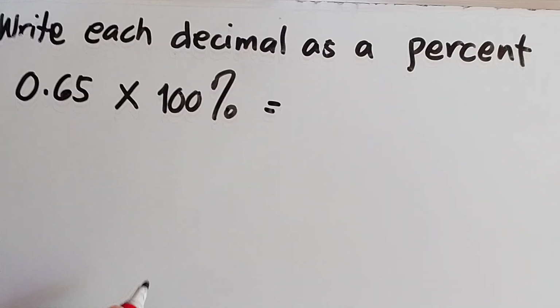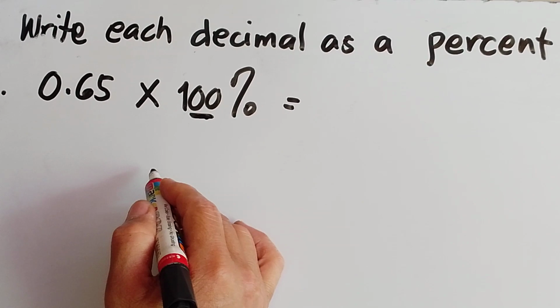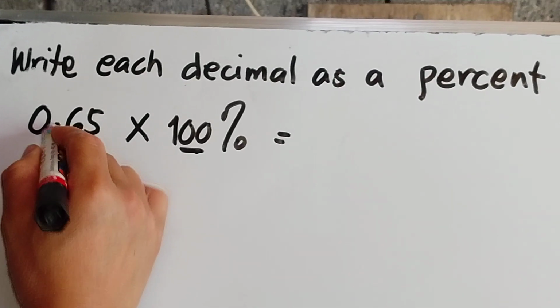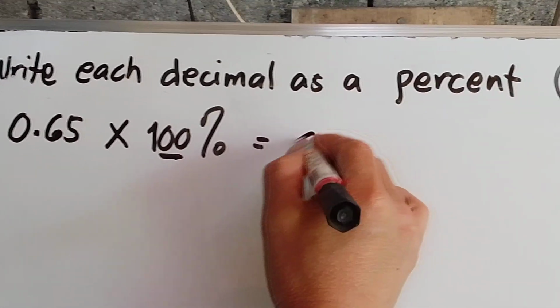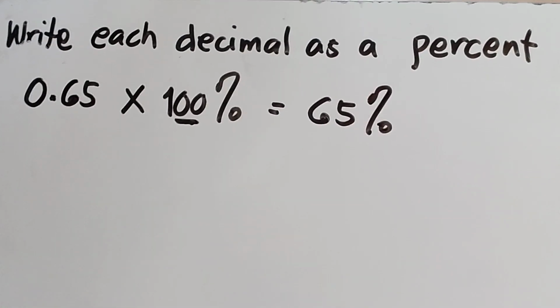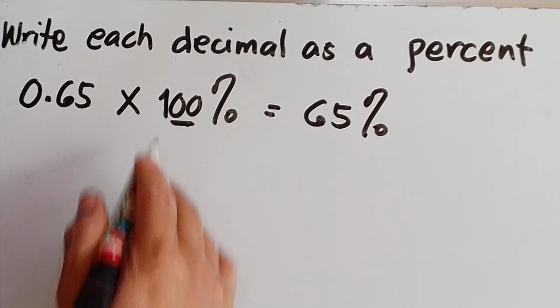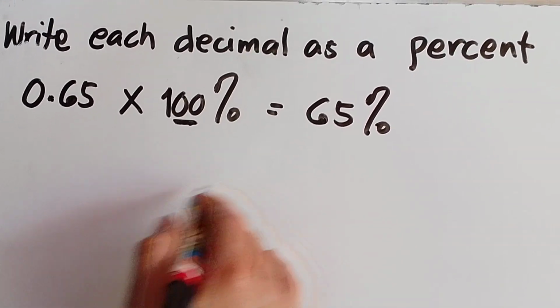Since this is multiplication, we have two zeros in here, so we have to move two decimal places from this point. 1, 2. So the answer is 65%. If multiplication, move to the right, depending on the number of zeros. And if division, it is the opposite, from right to left.